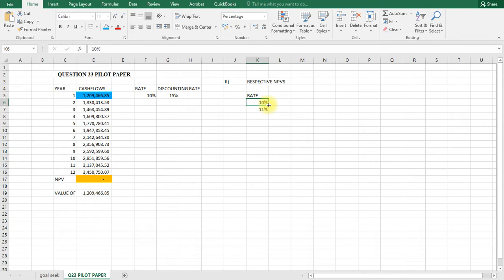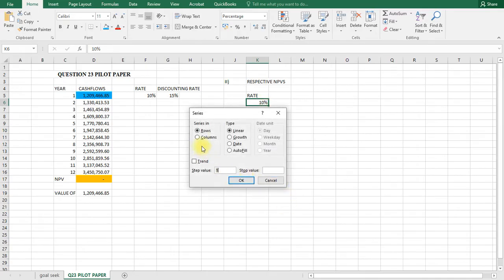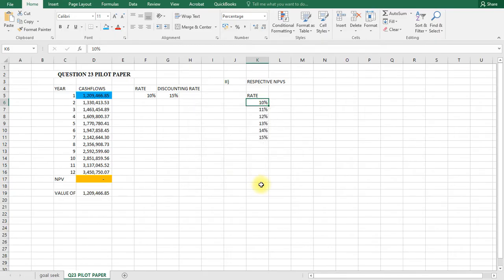It's an easy one: use right click, drag down, release, and use a series. You need a column for that. It's changing by 1%, and the stop value is 15%. It's just by the shortcut, and you put OK. So 10, 11, 12, 13, 14, 15.